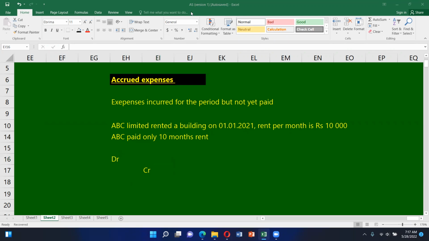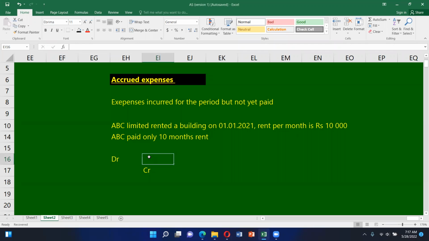Rehara? I'm asking what is the double entry for 10 months rent you paid? Rent expenses debit 1 lakh and credit cash 100,000. That's correct. Yeah. So basically, this is prior to the adjustment.